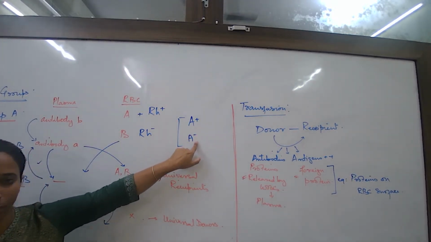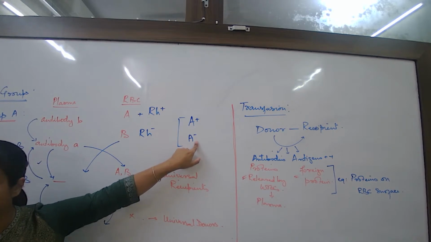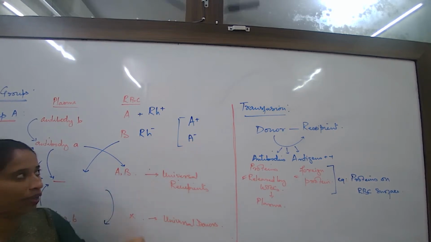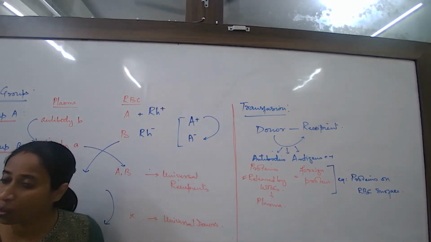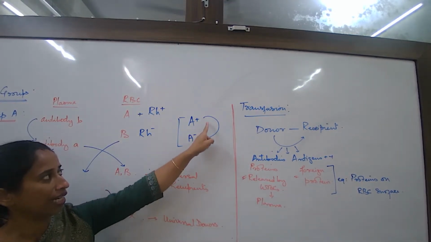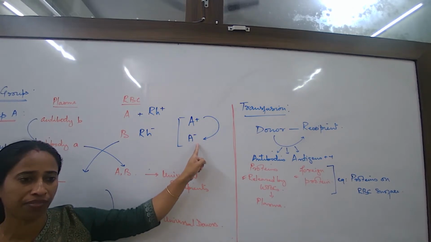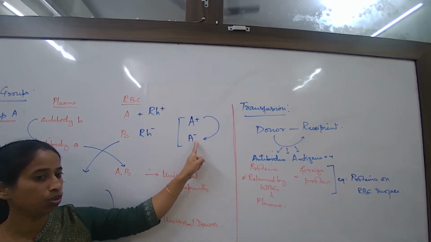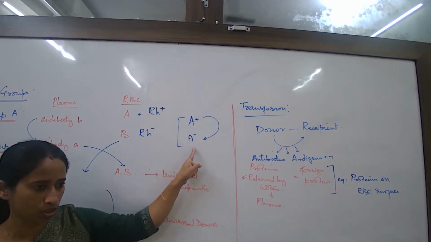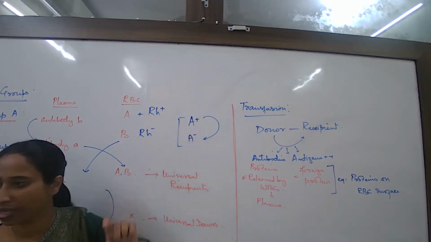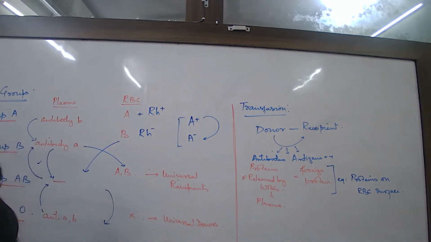Can A positive give blood to A negative? That's risky. When the blood of A positive is entering the body of A negative, now what's happening? The same concept. Antigen is entering the body of a person who does not have any antibodies regarding this, no? So again, I'm saying that this A positive antigen, just try to understand, it's a protein.